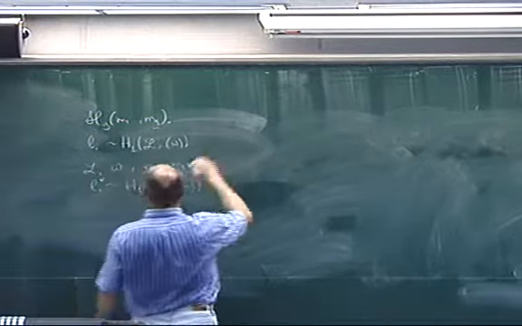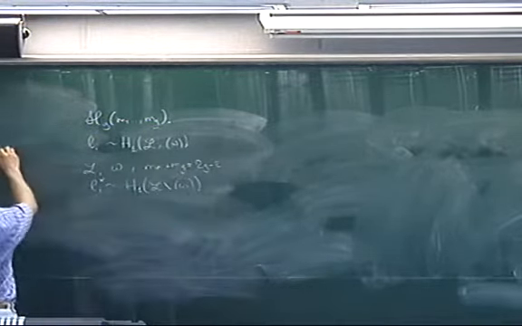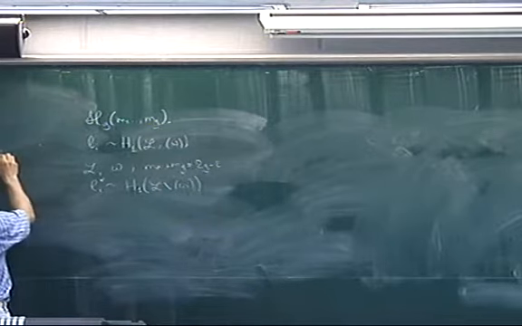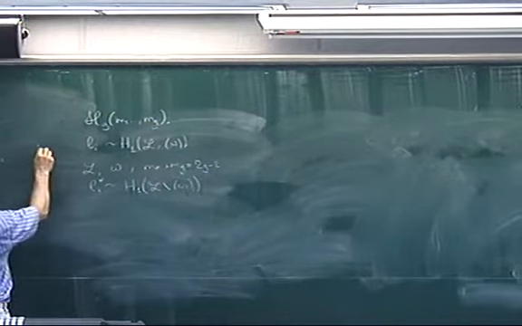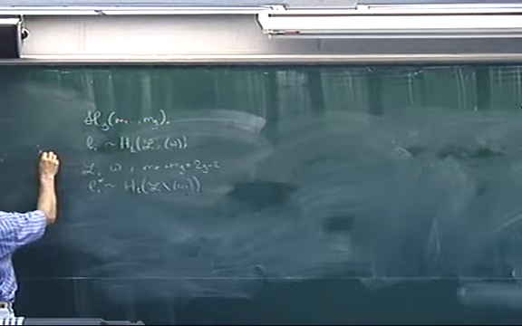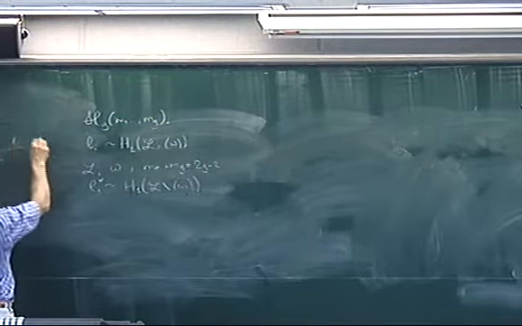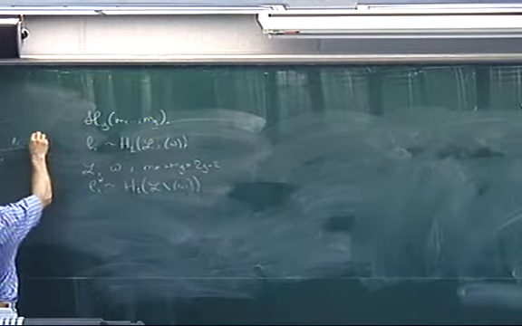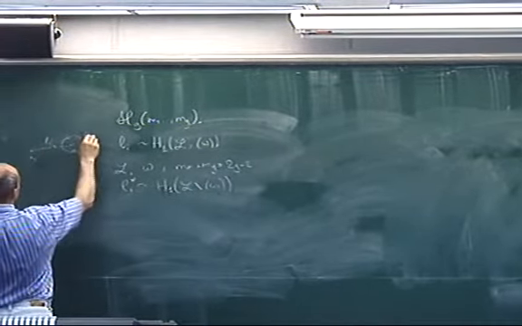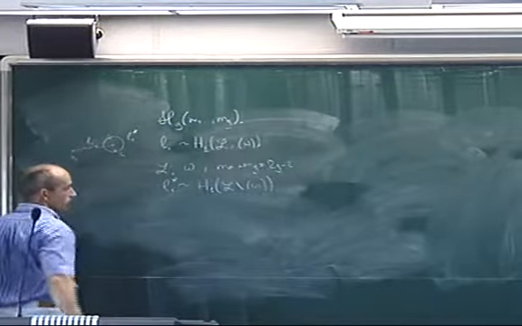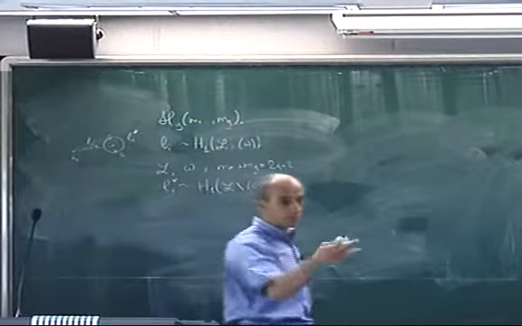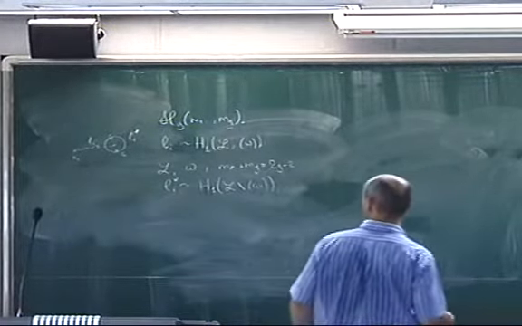So basically, if l_i is a contour between, say, x_1 and x_2, then l_i star is this one. And between A and B cycles, the duality is standard.